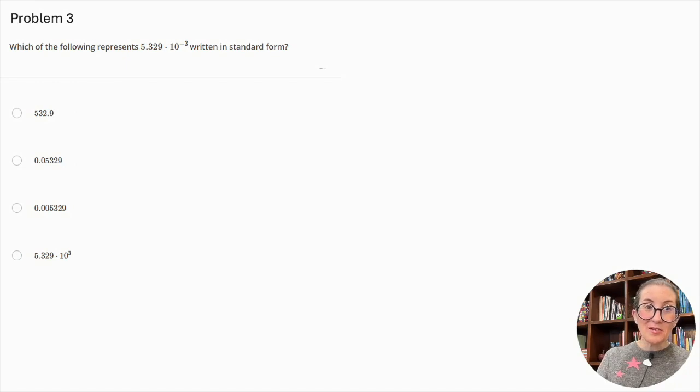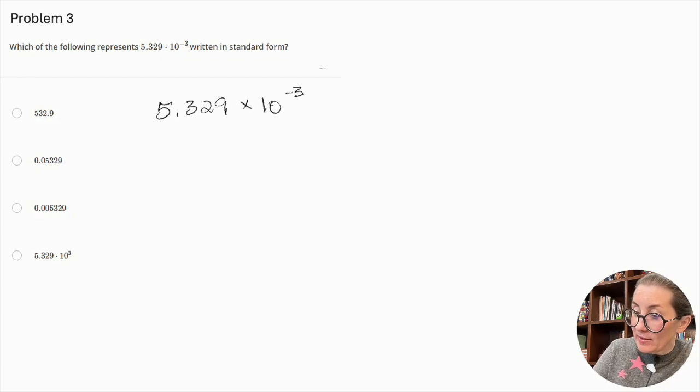Problem number 3. Which of the following represents 5.329 times 10 to the power of negative 3 written in standard form? So let's begin. 5.329 times 10 to the power of negative 3. That is equal to 5.329 divided by 1,000.